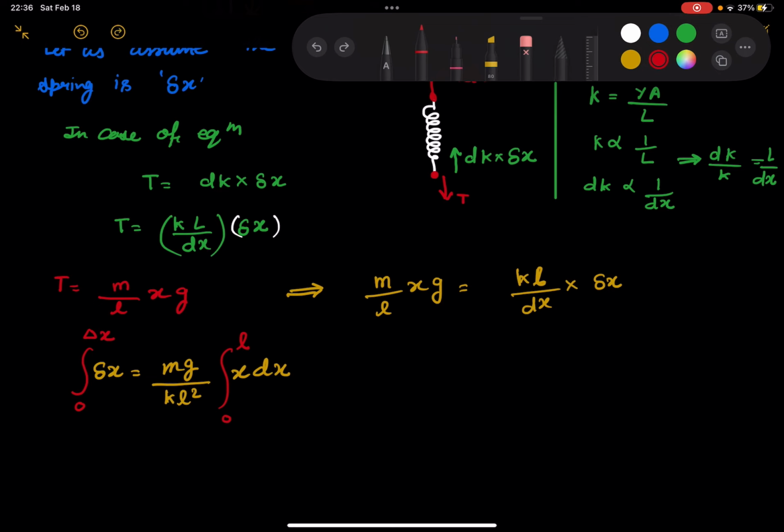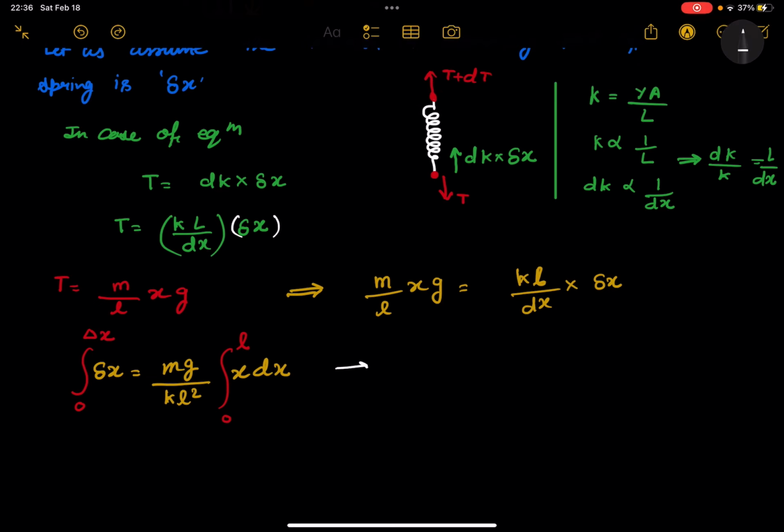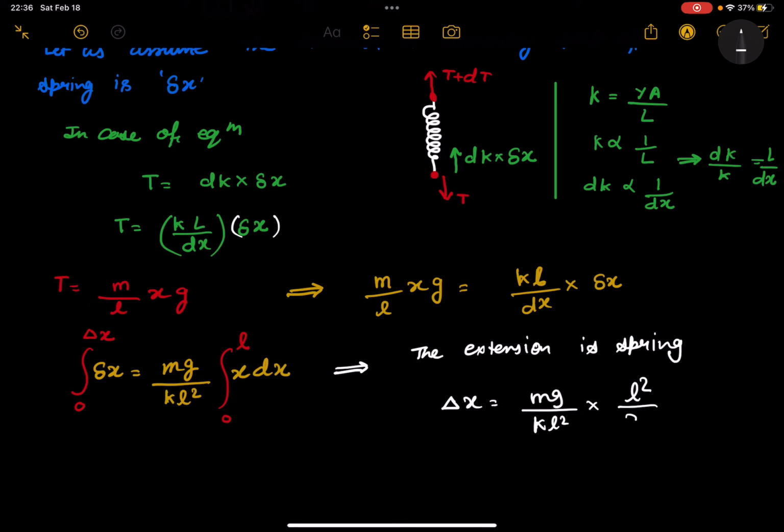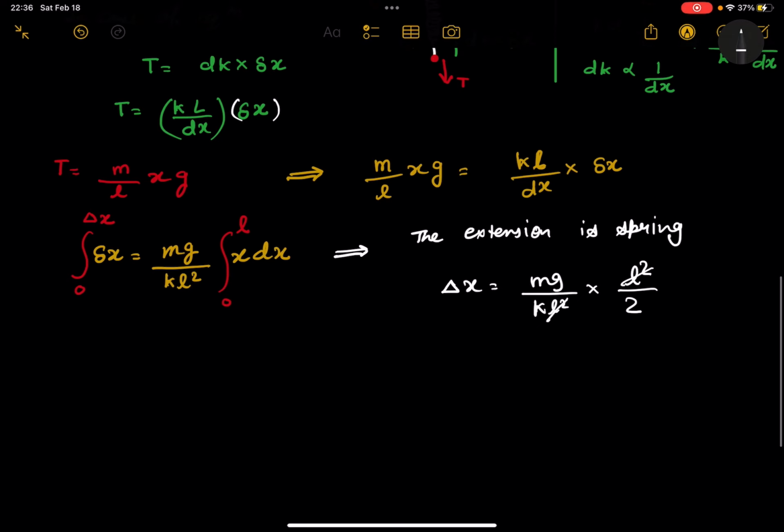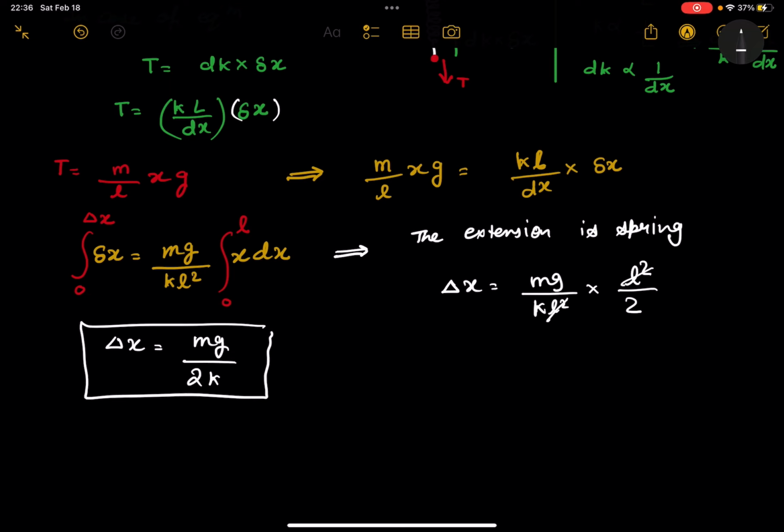So the extension in the spring, delta x, is equal to mg by kL square into L square by 2. L square cancels, so delta x is equal to mg by 2k. So remember, because of its own weight, the spring has an extension equal to mg by 2k. This is a very important concept, remember.